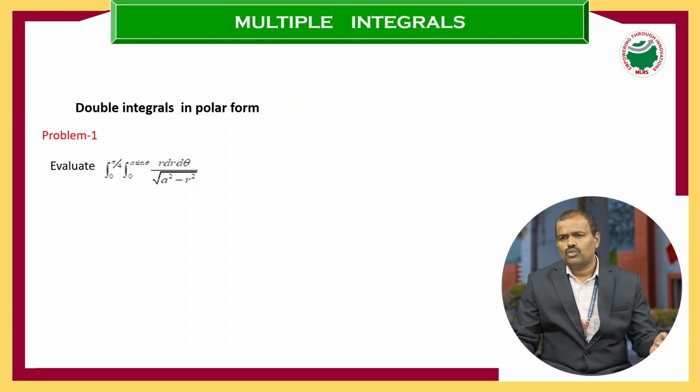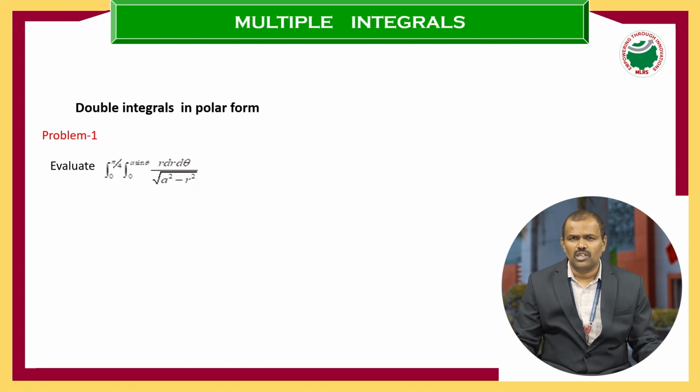Suppose we take a circle: the equation of the circle, which students already learned in lower classes, is x square plus y square is equal to r square, that is Cartesian form. Whereas in polar form, x is equal to r cos theta, y is equal to r sin theta. So two forms are there. In today's session, I will explain evaluation of double integrals in polar form.